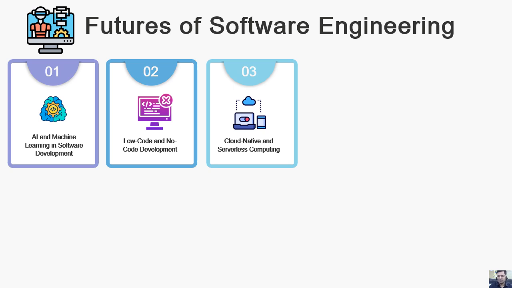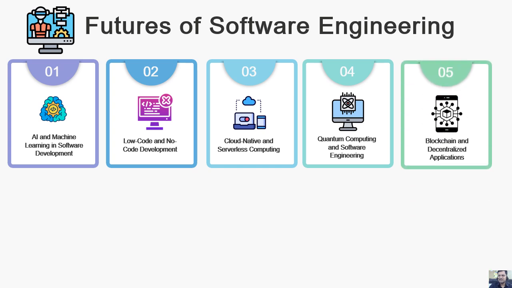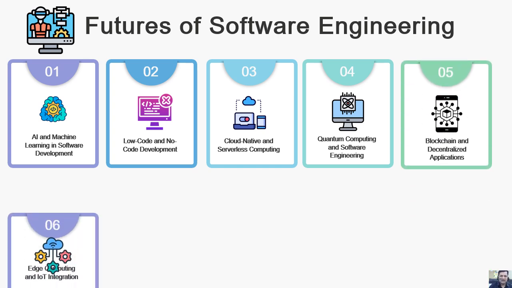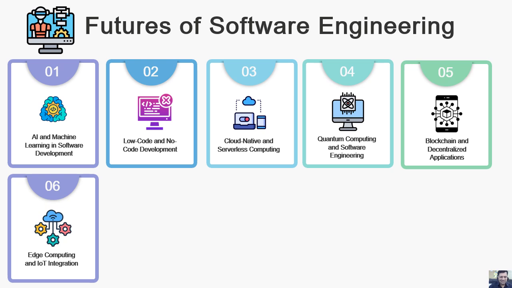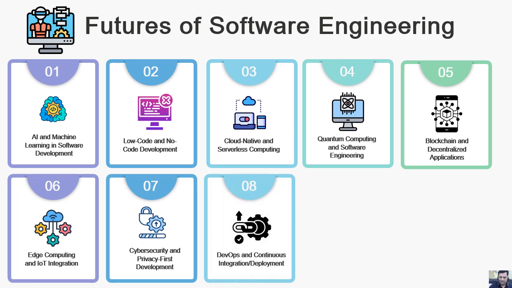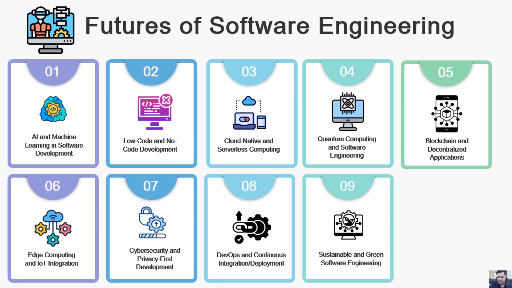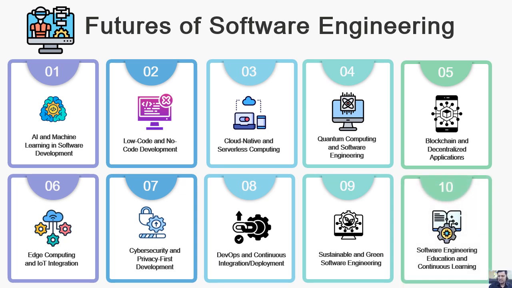Then quantum computing and software engineering, blockchain and decentralized applications, edge computing and IoT integration, then cyber security and privacy-first development, DevOps and continuous integration and development, then sustainable and green software engineering, and lastly software engineering in education and continuous learning.